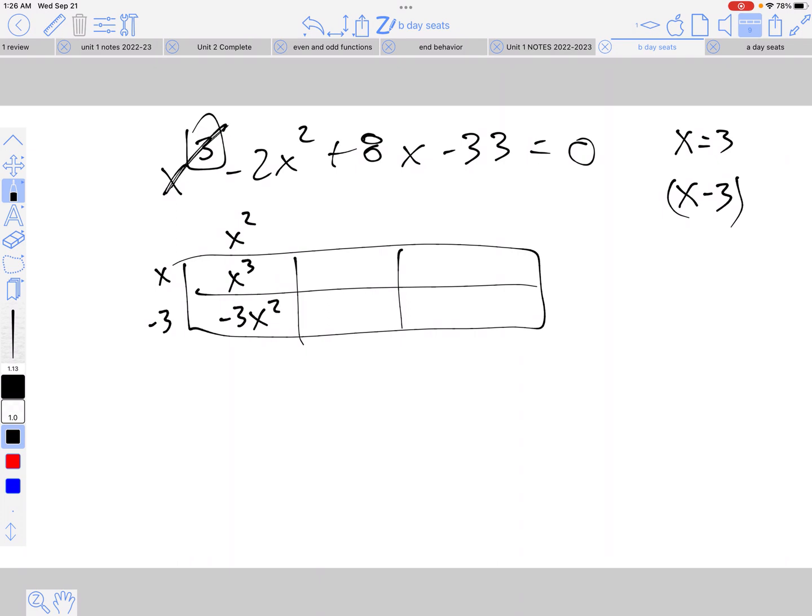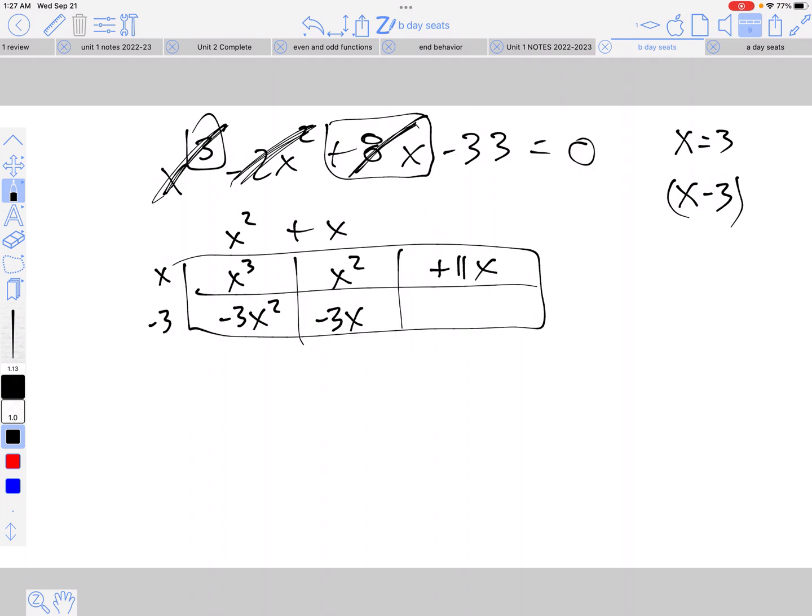Notice my x cubed is accounted for. I did not want negative 3x squared, I wanted negative 2, so I need to do negative 3 plus 1x squared to get negative 2x squared. That means that I had an x there, because x times x is x squared, and negative 3x. But I wanted 8x, not negative 3x, so that means I'll need an 11x to account for the 8x.